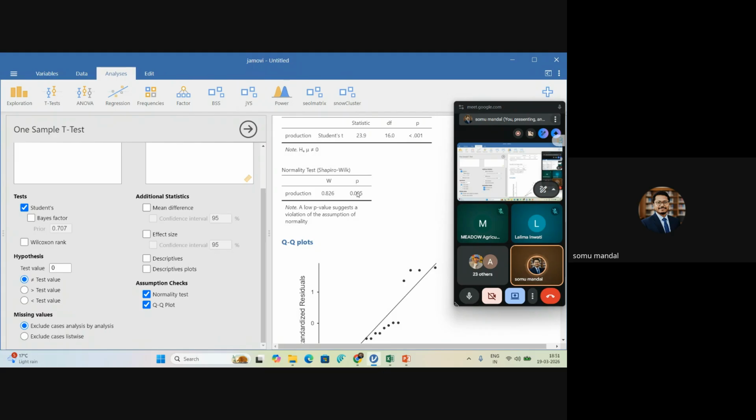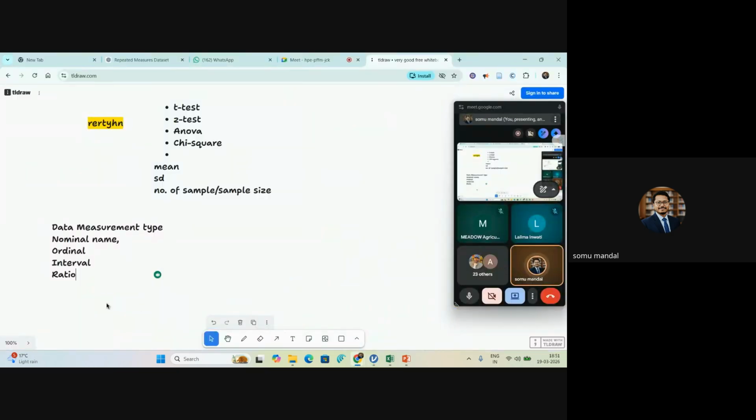Because of the hypothesis. Here the null hypothesis, H naught, is that there is no normal distribution.